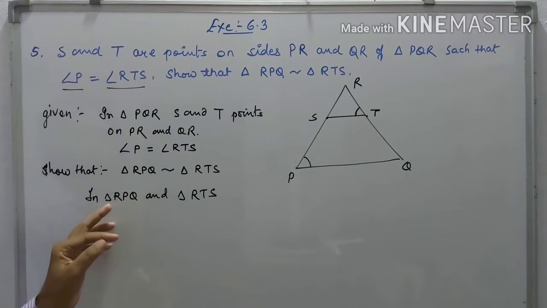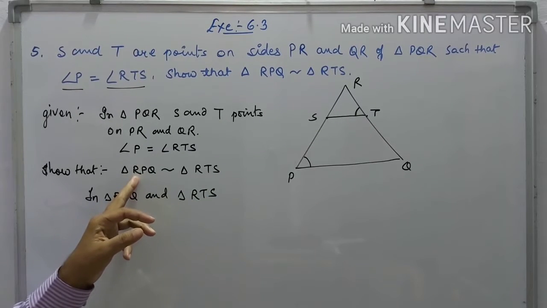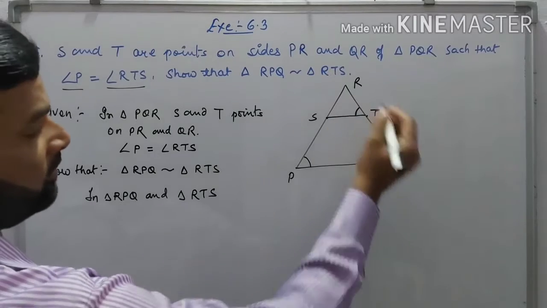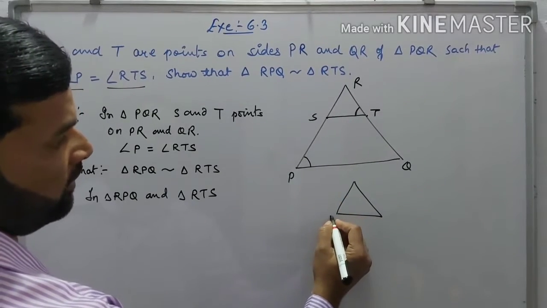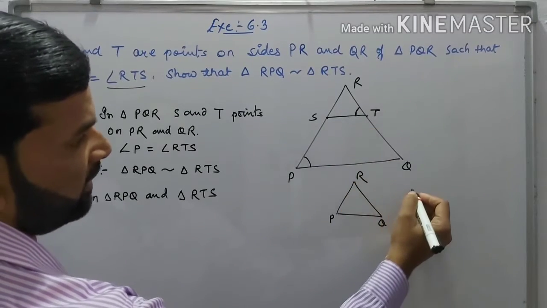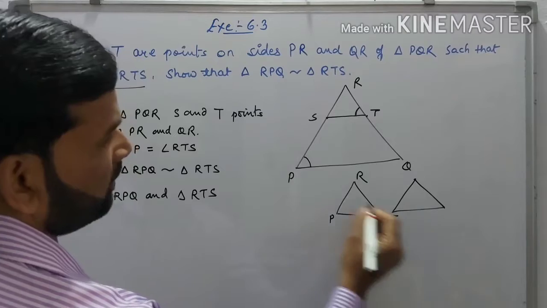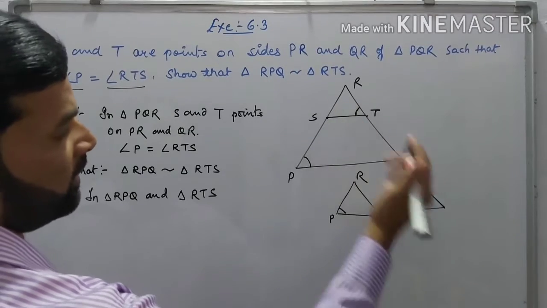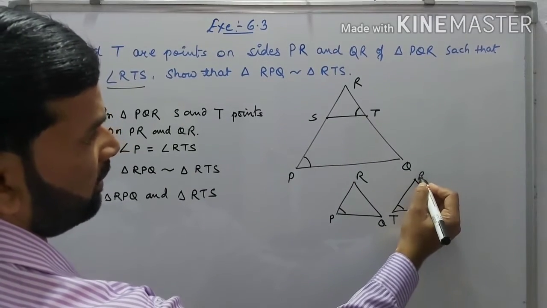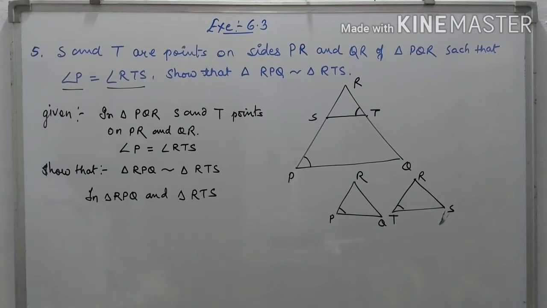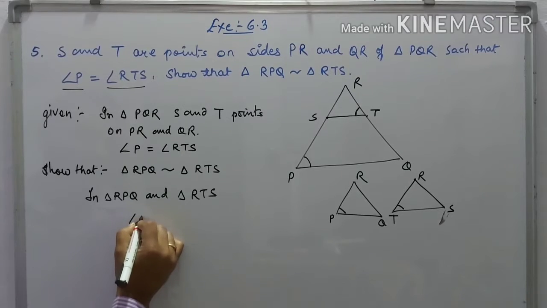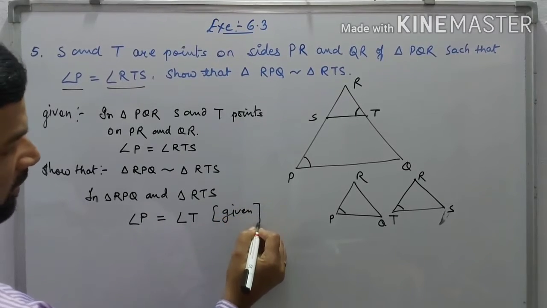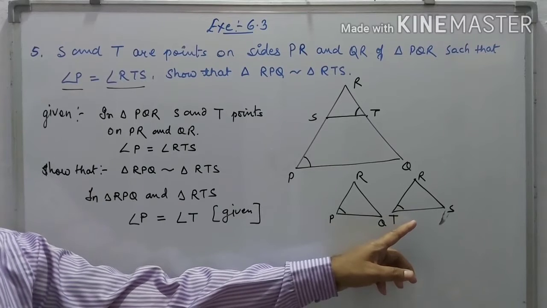So in this question we are asked to prove that triangle RPQ and triangle RTS are similar. Suppose the first triangle is P, Q and R, and the second triangle is T, S and R, because angle T and angle P are equal, so you keep the same position of P with T, Q with S, and R. In this, angle P is equal to angle T, it is given.